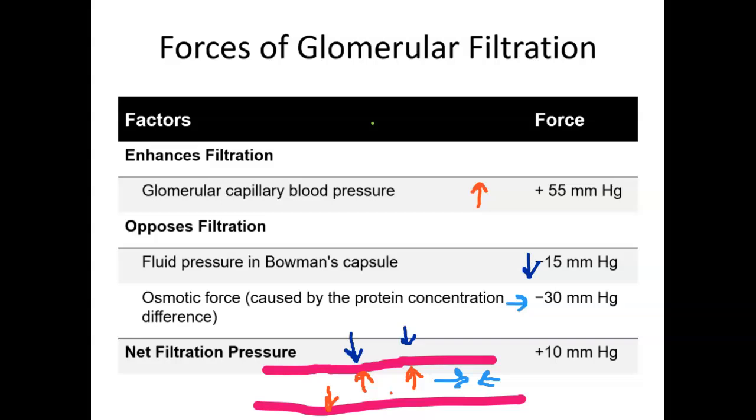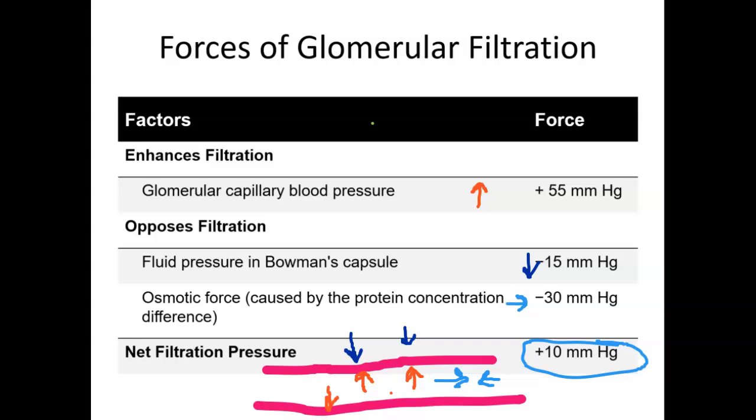So what you end up with is that net filtration pressure, which is how much this hydrostatic pressure actually wins out overall. So you can see how these things probably aren't going to change much. The fluid in the Bowman's capsule is always going to remain the same. The osmotic forces are based on the concentration of those proteins, like the albumin and the other proteins within the fluid.